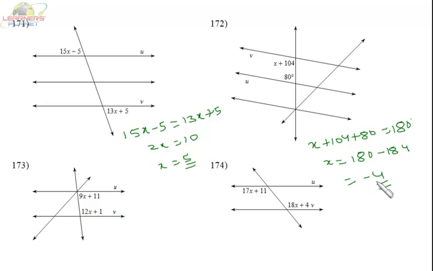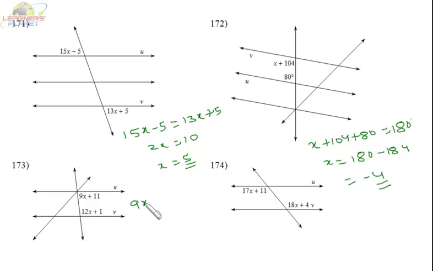So if x is equal to minus 4, both of them will make the sum as 180, and since they are interior opposite angles and if their sum is 180, the lines U and V will be parallel. Same in this case, both of them are interior opposite angles, and if they make 180 degrees, then the lines will be parallel.